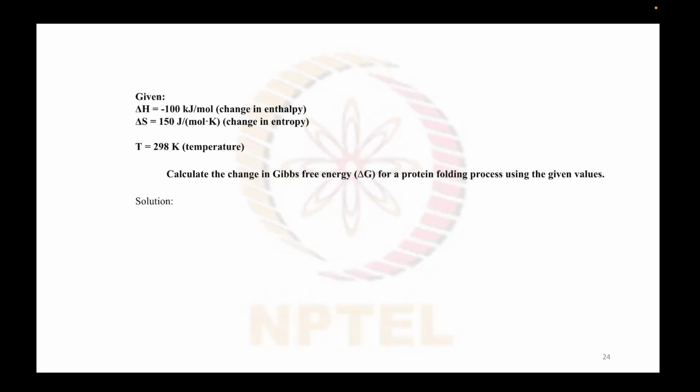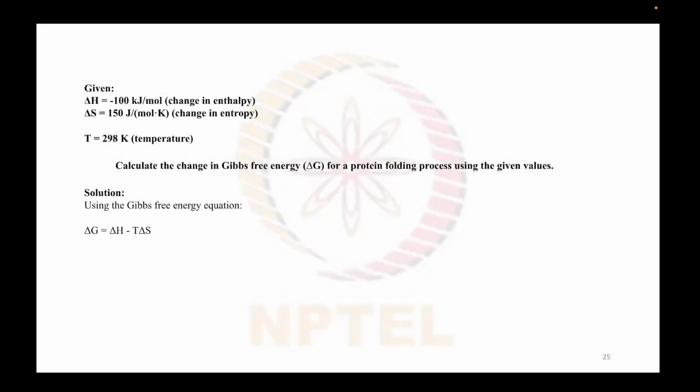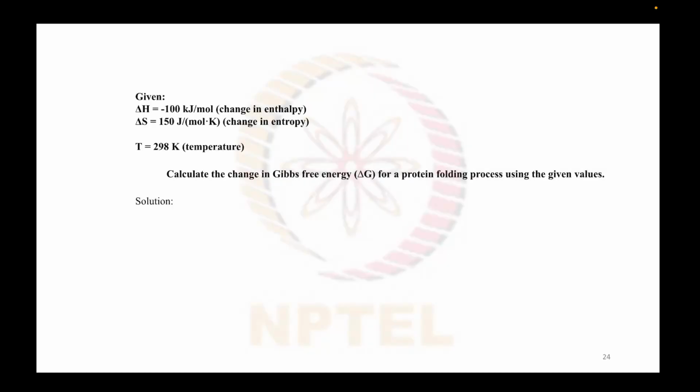So given delta H, that is change in enthalpy, is minus 100 kilojoule per mole, and change in entropy is 150 joule per mole Kelvin, and temperature is 298 Kelvin, calculate the change in Gibbs energy for a protein using the given values.